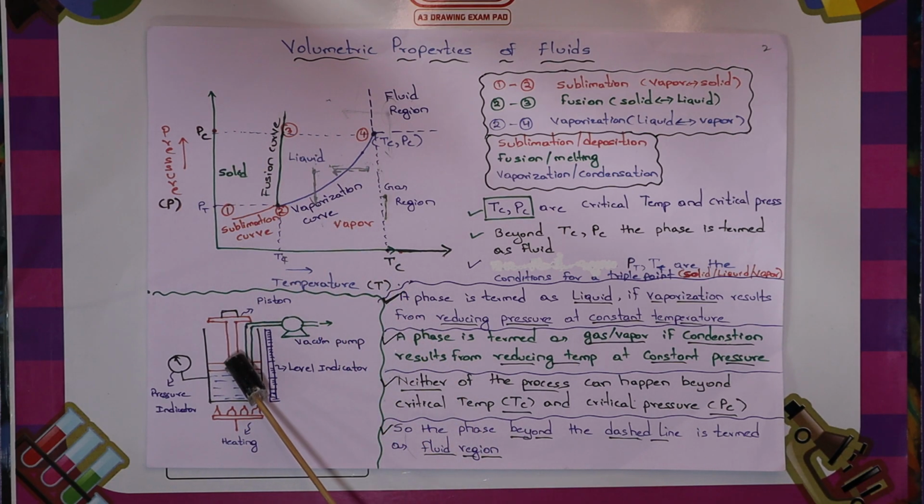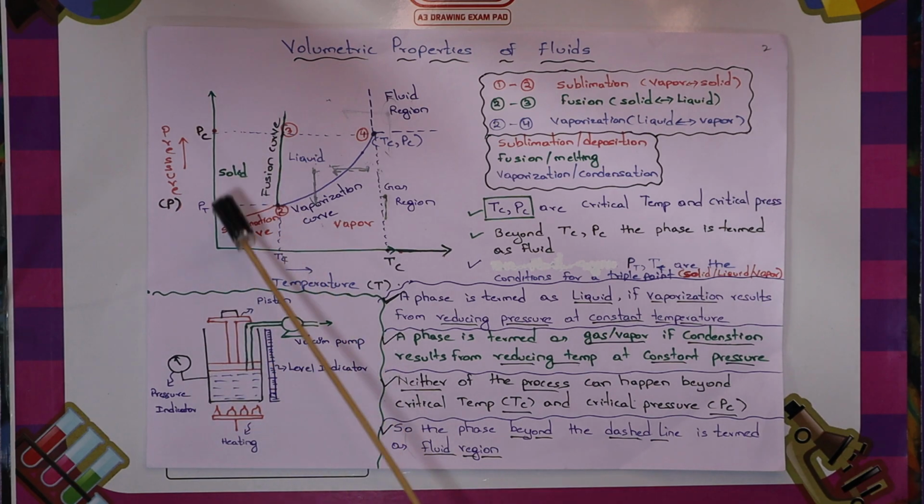Pressure I can increase and decrease using some weights, or I can maintain some vacuum conditions in this chamber, so I can observe the different phases. It is just a schematic to observe the different phases of this substance in the piston and cylinder assembly.